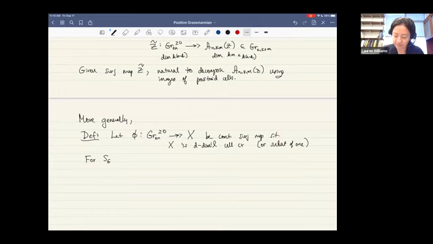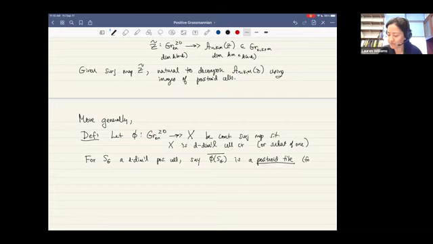So if S is a D-dimensional positroid cell, then we will say that the image of this cell, and maybe I'll say the closure, is a positroid tile for my map phi if phi is injective on this cell.